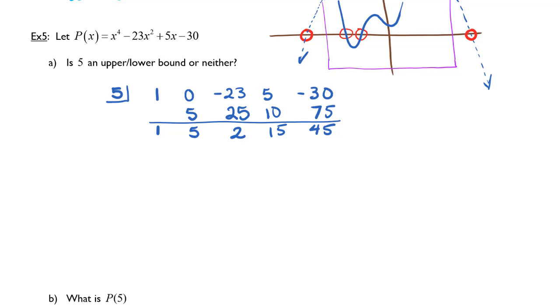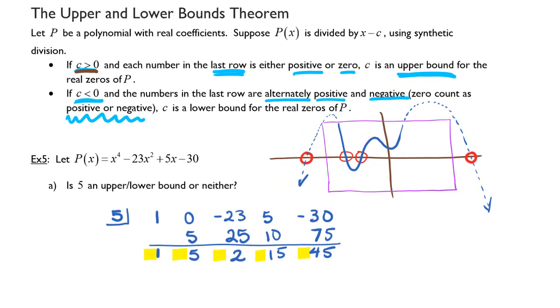At this point, we need to look at the signs. 1 is positive, 5 is positive, 2 is positive, 15 is positive, and 45 is positive. If we go back to our rules, it says if c is greater than 0, and in this case c was greater than 0, and each number in the last row is either positive or 0, in this case it is, c is an upper bound of the real zeros of p.